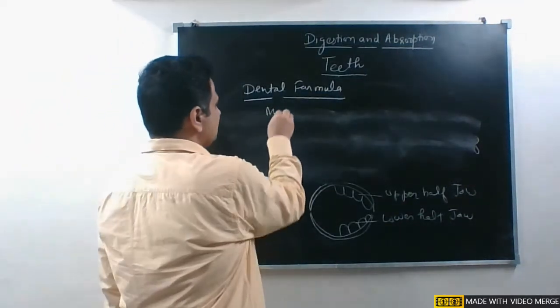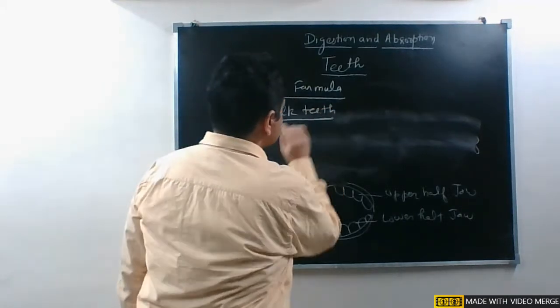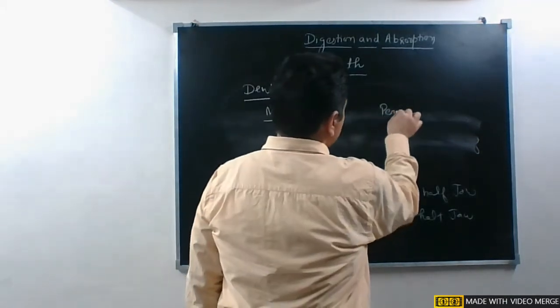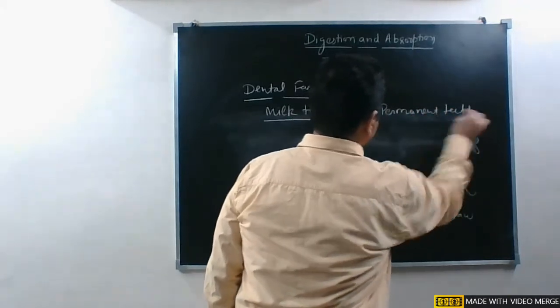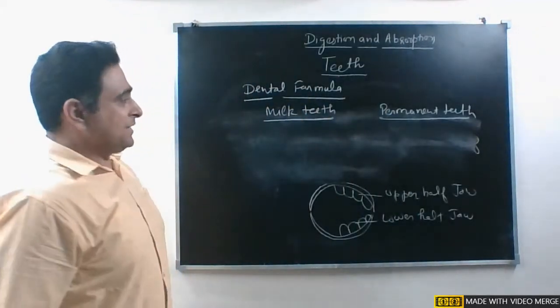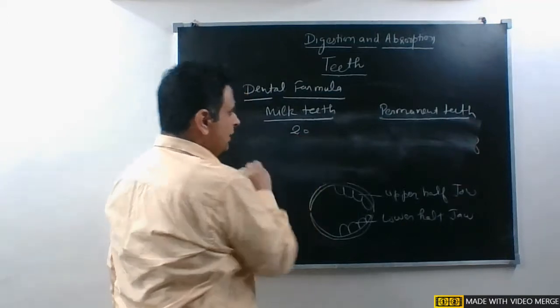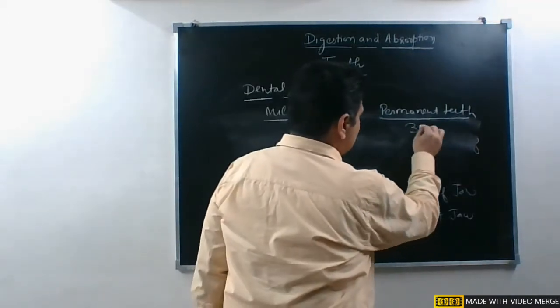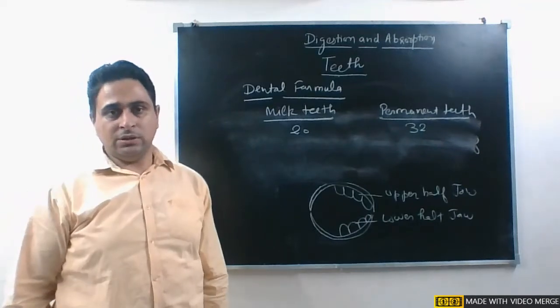First is milk teeth and second is permanent teeth. Students, the milk teeth are 20 in number, whereas permanent teeth are 32 in number.